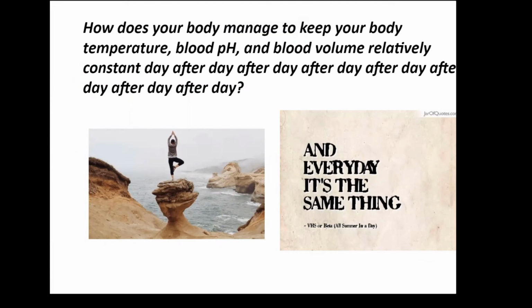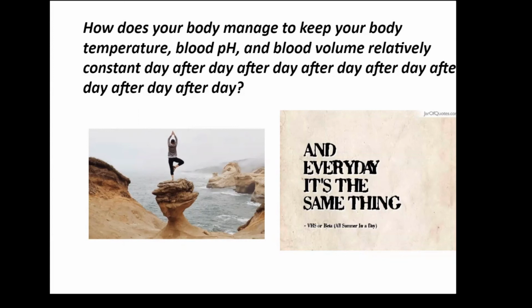Yeah, that's right. So that gives us a bit of a handle on these different components of the body. We're going to talk about homeostasis. Your body manages to keep all sorts of things constant day after day, no matter what you eat, no matter how hard you're running, no matter how hot or how cold it gets outside.